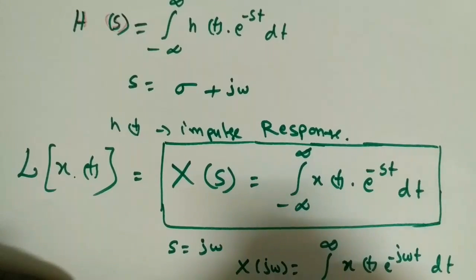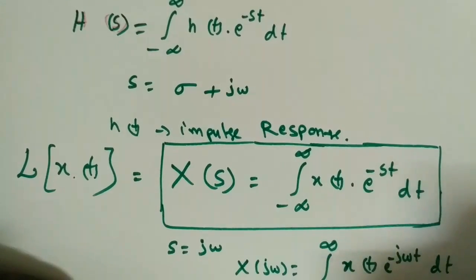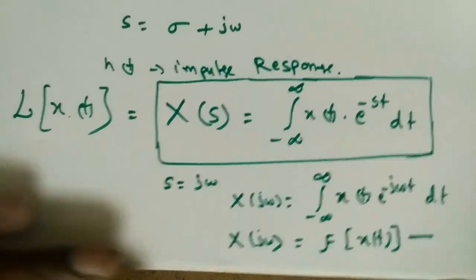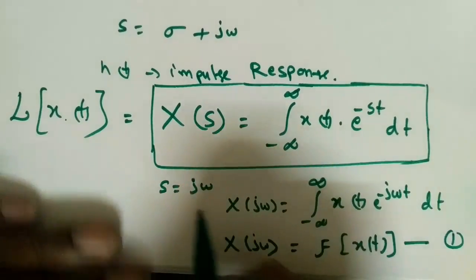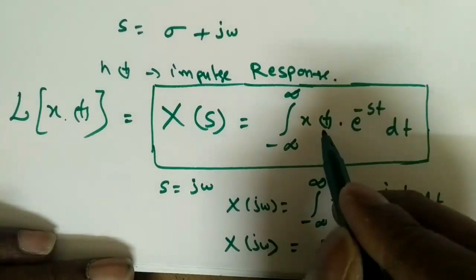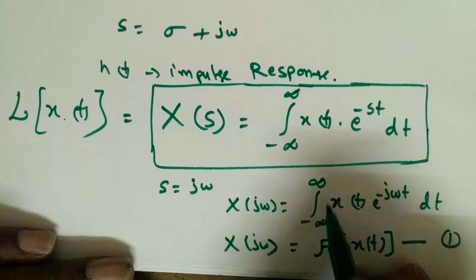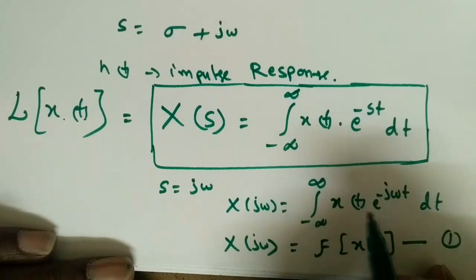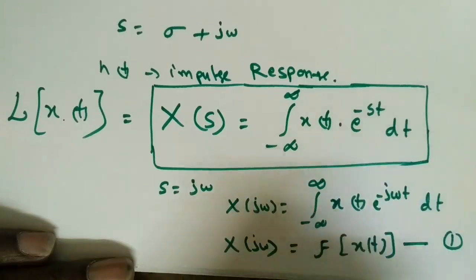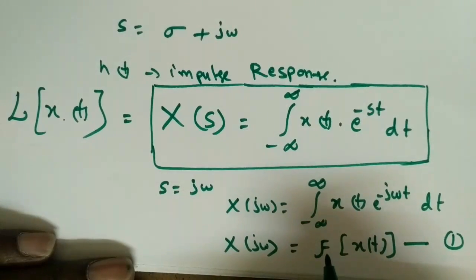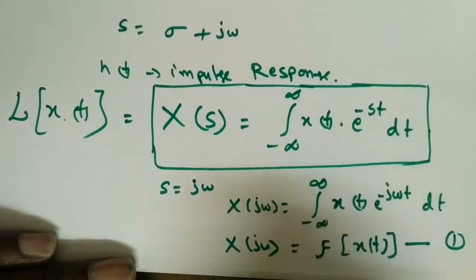So this is x of j omega. Assume this is equation 1. I'm just substituting s equal to j omega in this expression, and it can be replaced by the Fourier transform.